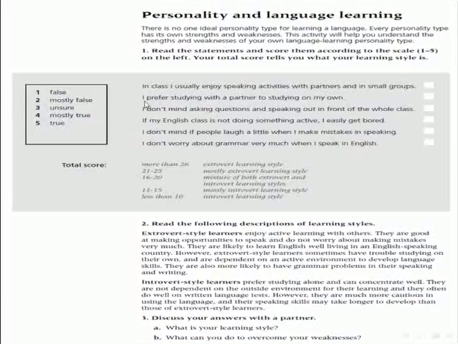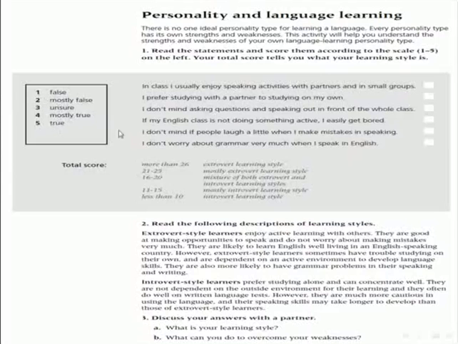Next, about yourself, maybe you say, I prefer studying with a partner to studying on my own. It means I feel it's better for me to study with a friend more than studying alone. Now here, if the sentence is true for you, you write a high number, or you write a low one. For example, you write number 1, false.